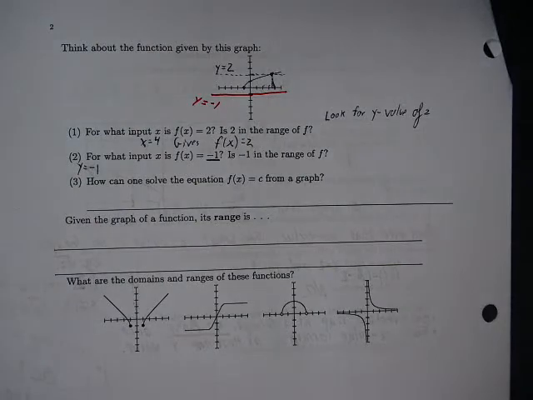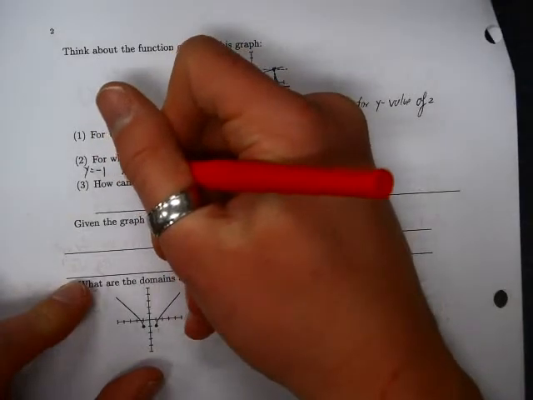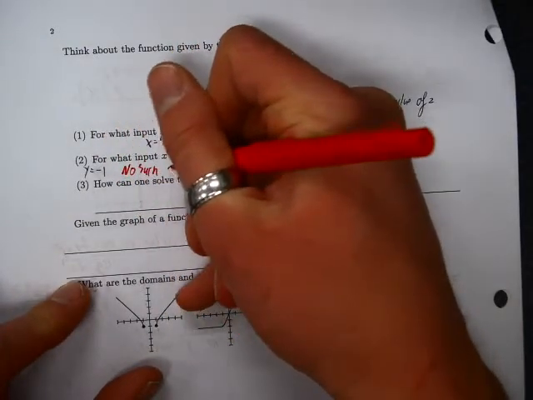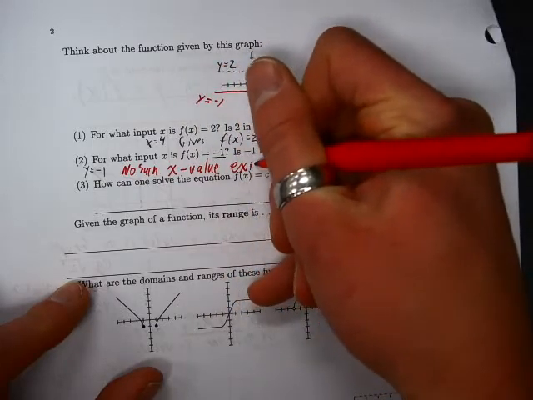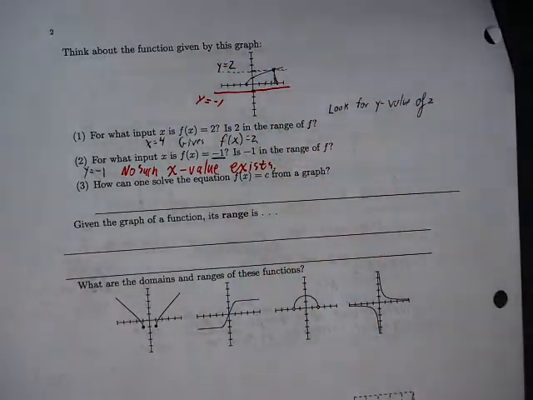Does that line cross the graph? So is there any x value which corresponds to a y value of negative 1? Nice. So it looks like negative 1 isn't actually an output that is attained by the function f.